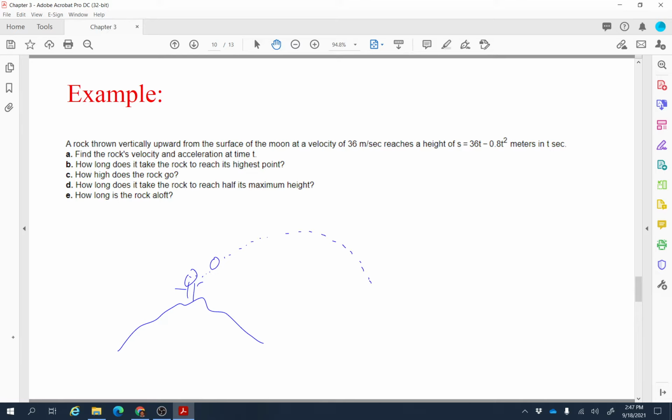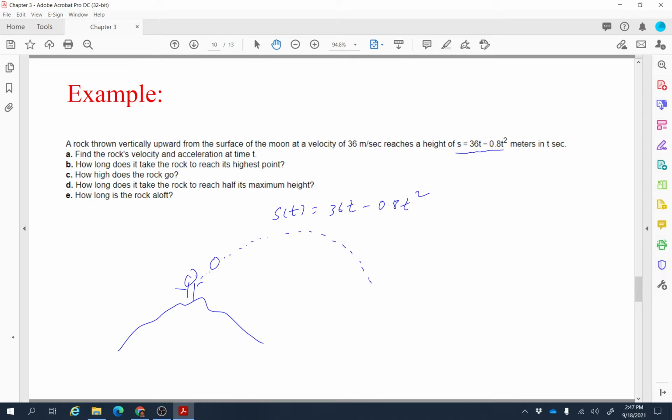So this path is actually the height of the rock, and this height can be modeled by using this function. So the height, the position of the rock, is 36t minus 0.8t squared. It's given here. Now after this information we have to answer these questions.